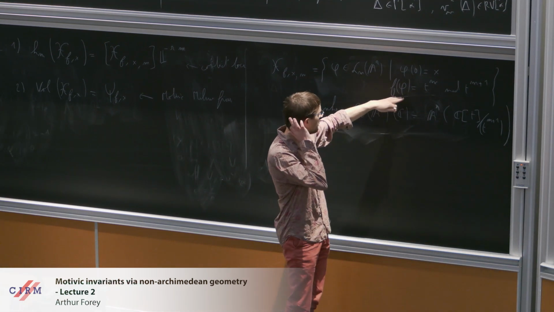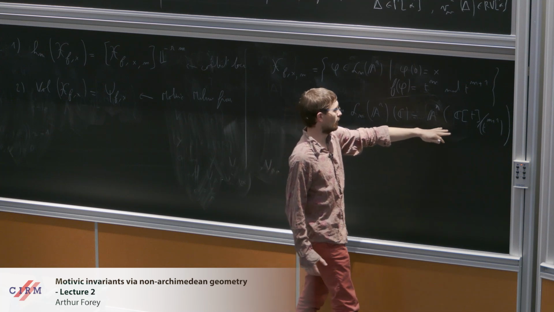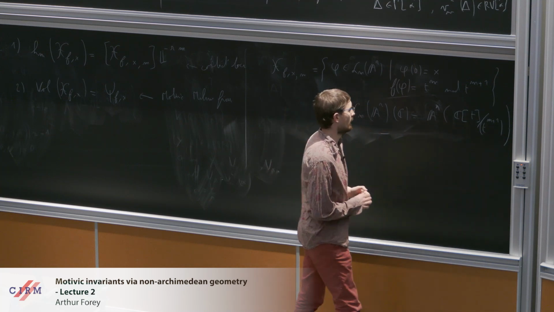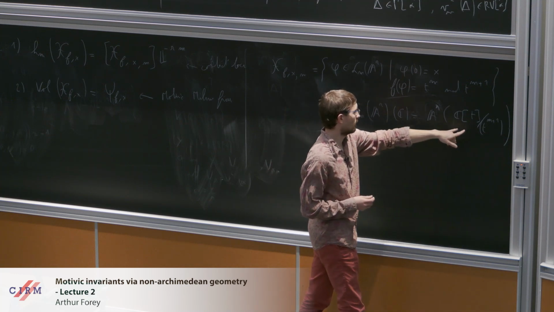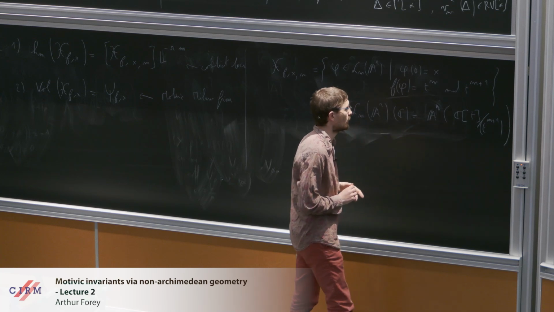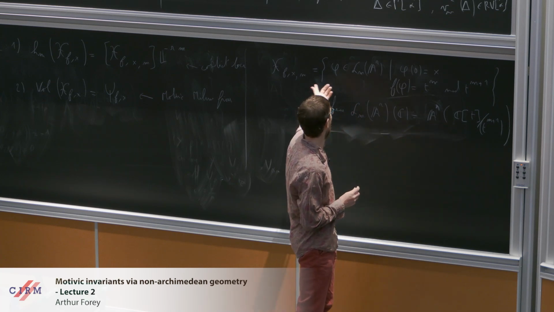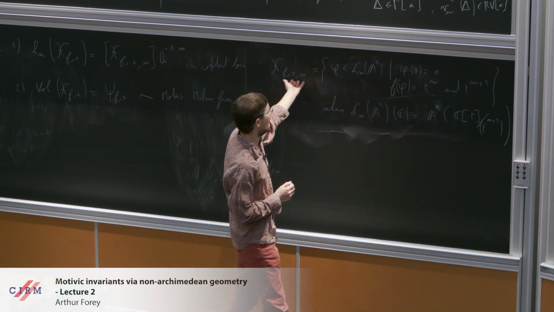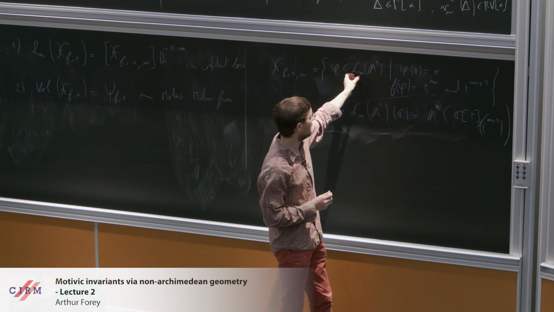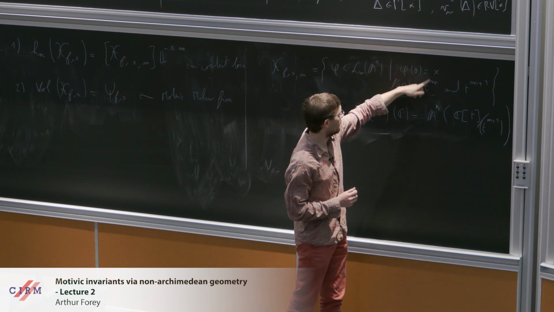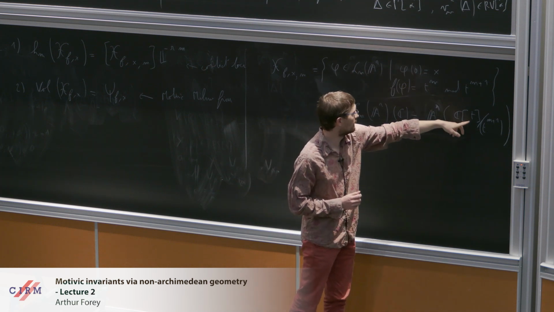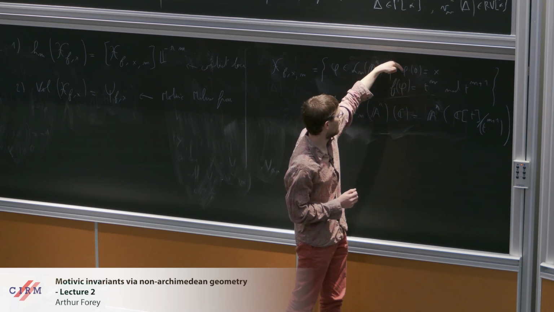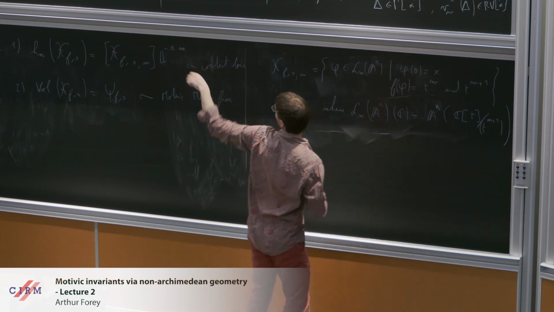So you take a polynomial, but then you look only up to degree m. I mean, you identify polynomials if they coincide up to degree m, and the contact loci is the truncated arcs that specialize. You can always specialize t to 0, so you say that the arcs specialize to x, the point we care about.